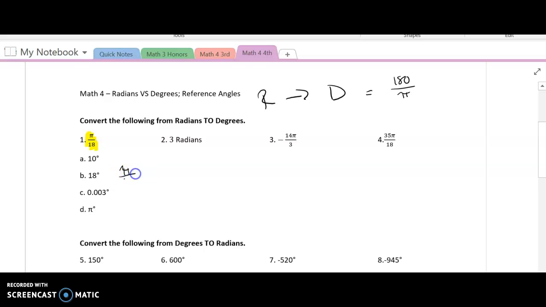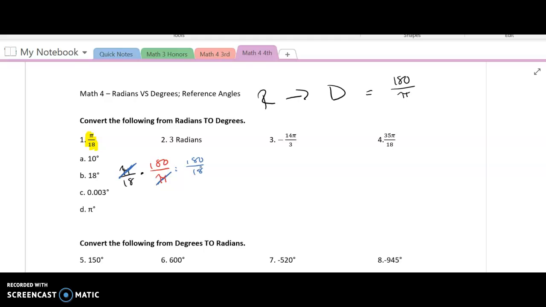So we're given pi over 18, and we're going to multiply it by 180 over pi. Now the nice thing that I recognize is that the pi's cancel out. So now I'm left with a nice fraction of 180 over 18. Now I'm going to take this fraction and reduce it.